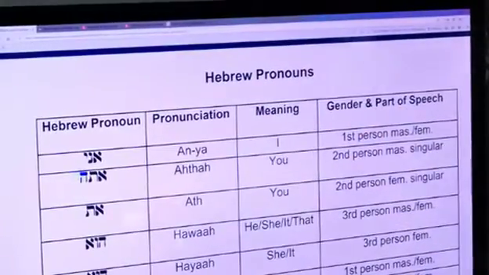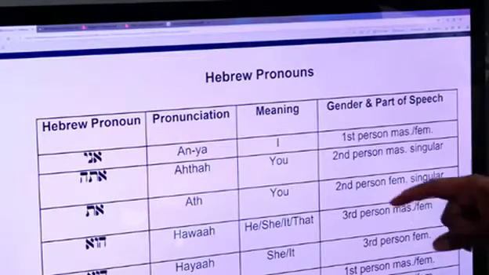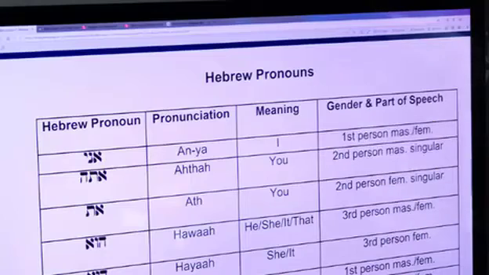All right, so again, we're dealing with Hebrew pronouns. Pronouns are words such as I, you, he, she, it, that, and so on.